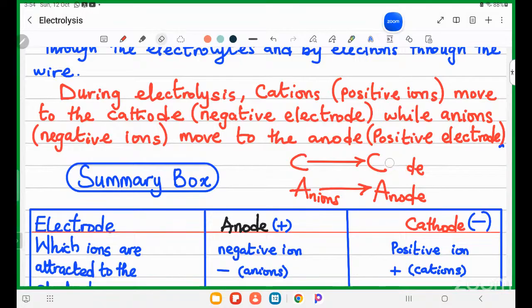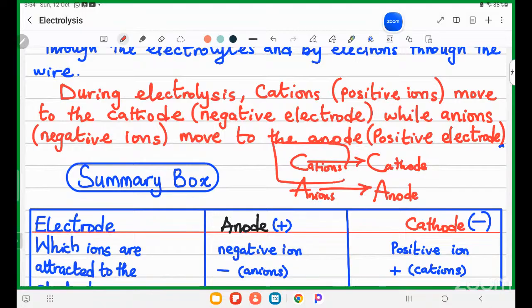We have C to C and then A to A. Cations, the positively charged ions, will move to the cathode, while the anions, the negatively charged ions, will move to the anode.